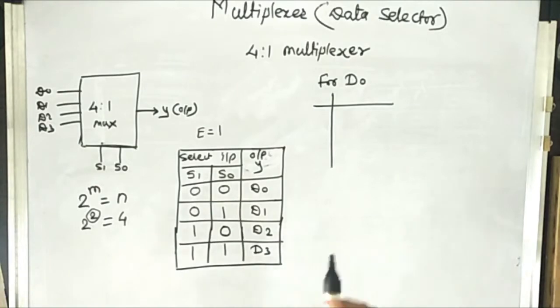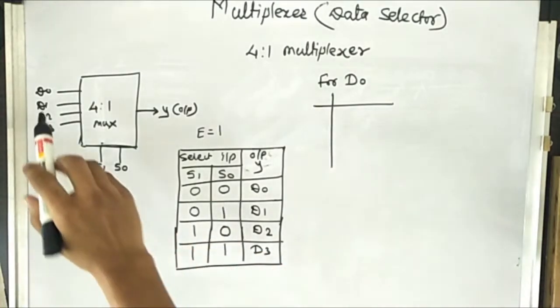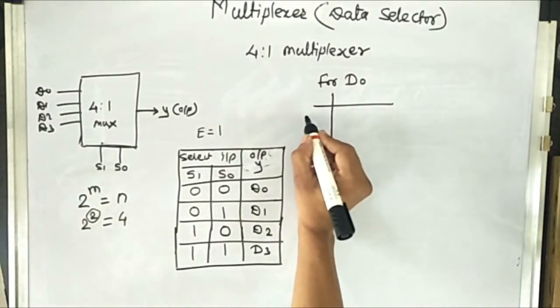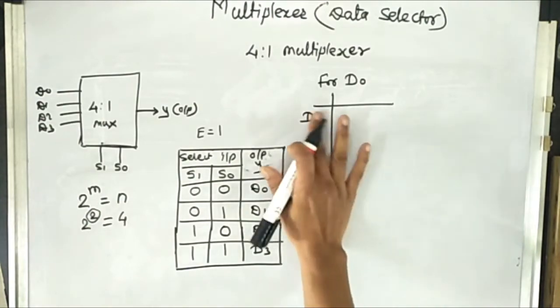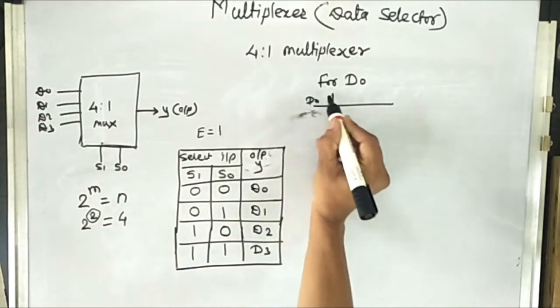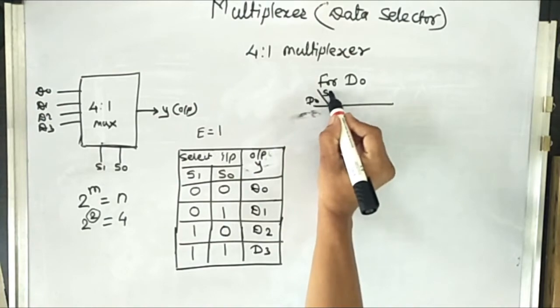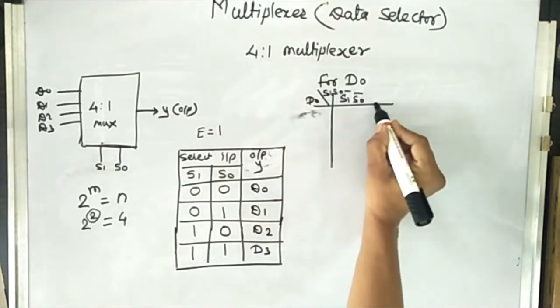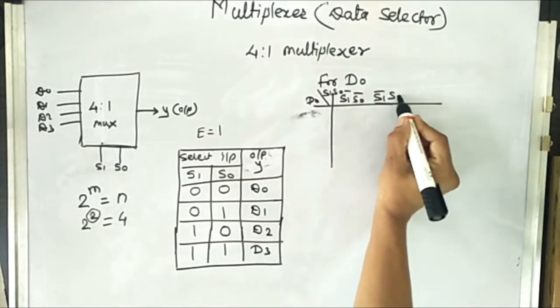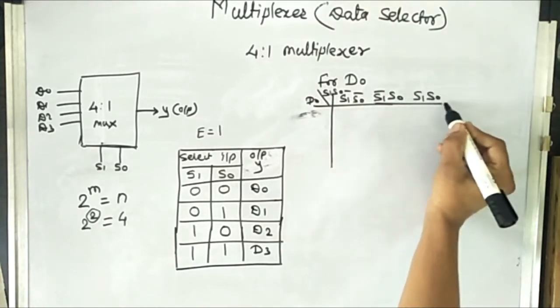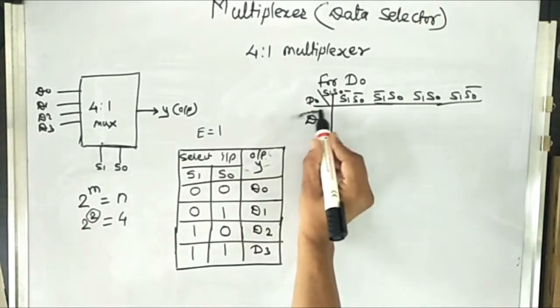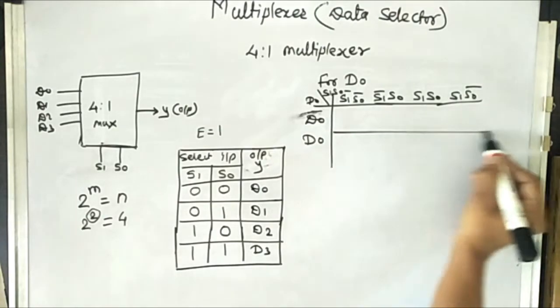Here we have 3 variables, that is S0, S1 and D0 as an input. So here we take D0 and here we take S1 and S0: S1 bar S0 bar, S1 bar S0, S1 S0 and S1 S0 bar. Here we take D0 bar and D0.